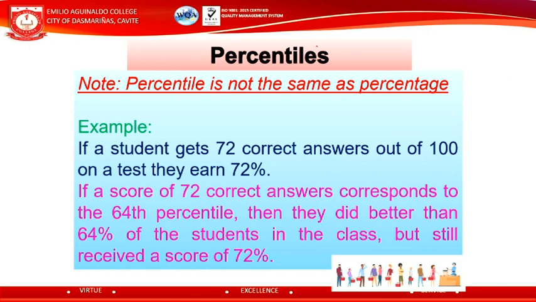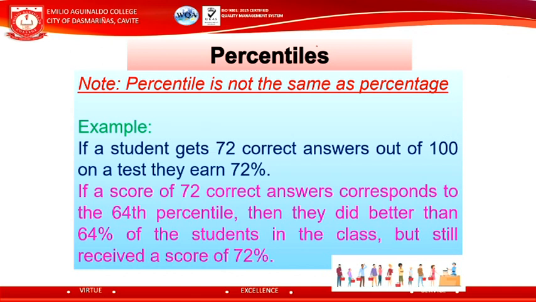The first example pertains to percentage, wherein we just divide the score that the student obtained by the total number of items to get the percentage. But percentile is a little bit different. This is just a positional measure. In our example, the 72 correct answers correspond to the 64th percentile.